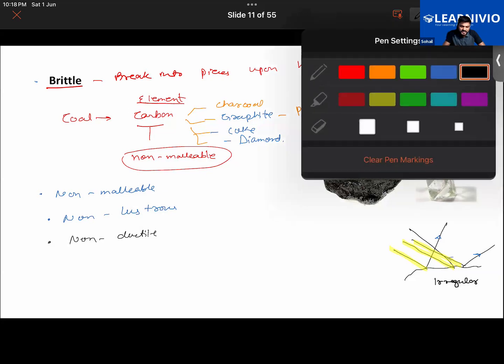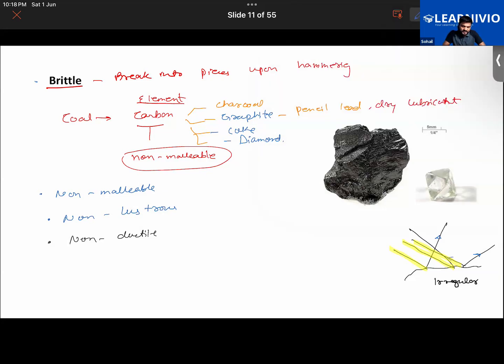For example, take this graphite lead, this pencil lead. Say you have a 1 meter lengthy pencil lead made up of carbon, basically graphite. On one end of it, let's say you have tied a piece of brick, and here you are holding it with your hand.